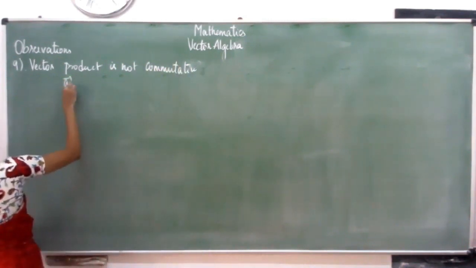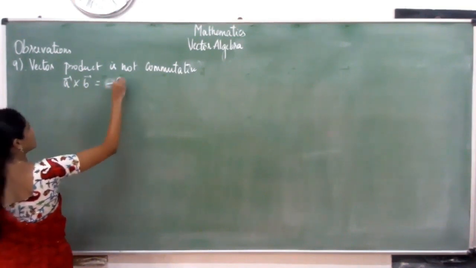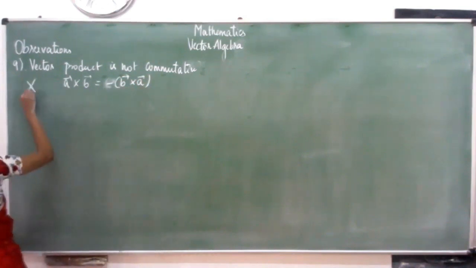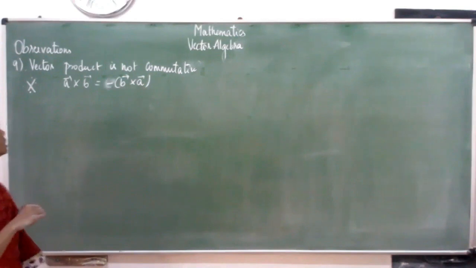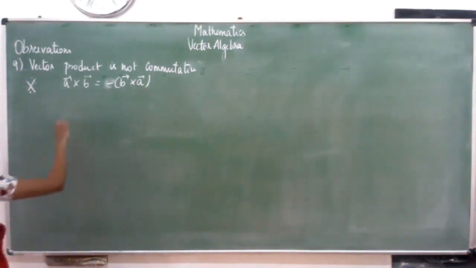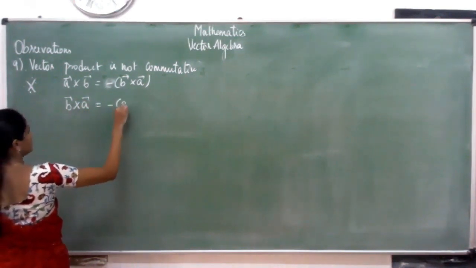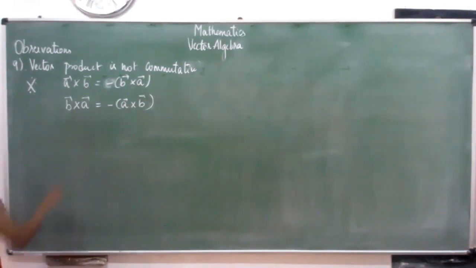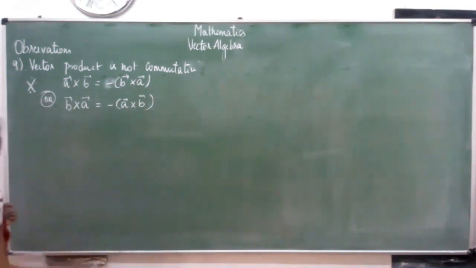So A cross B will be equal to minus of vector B cross vector A. Remember this. Or you can even write it as vector B cross A is equal to minus of vector A cross B. Okay, so remember this, very important. We're going to use this in problems.